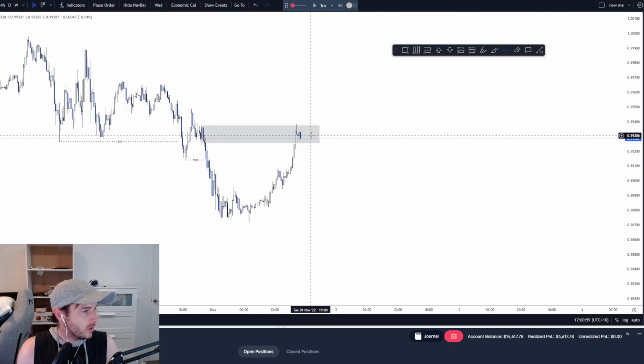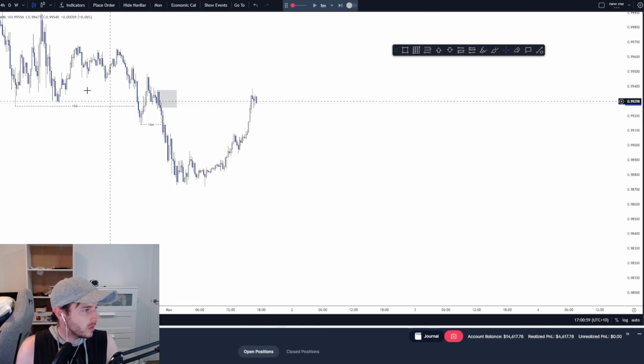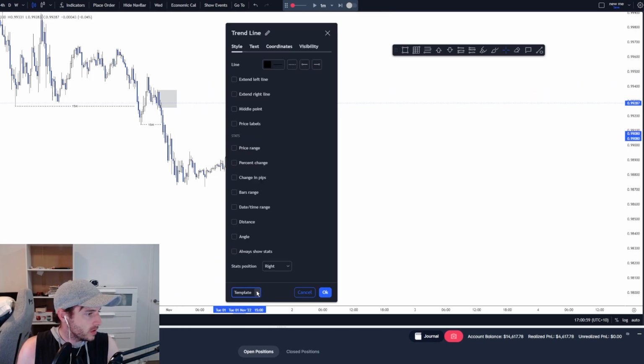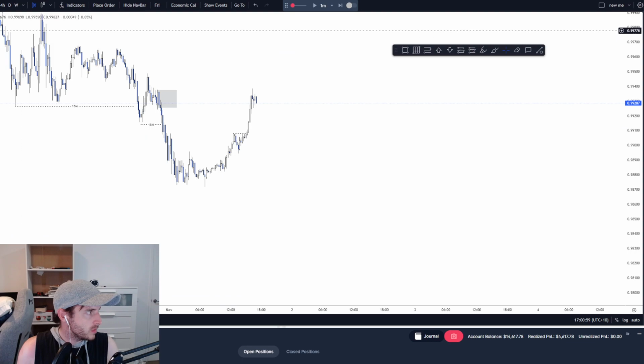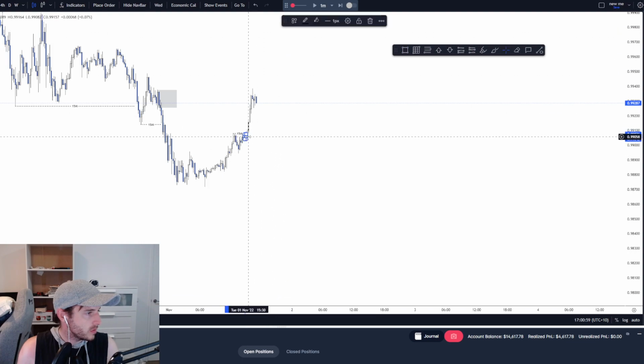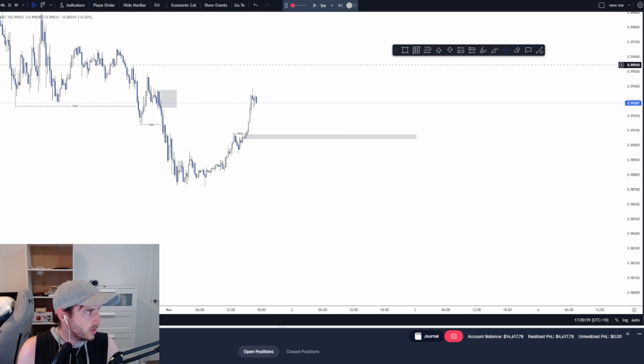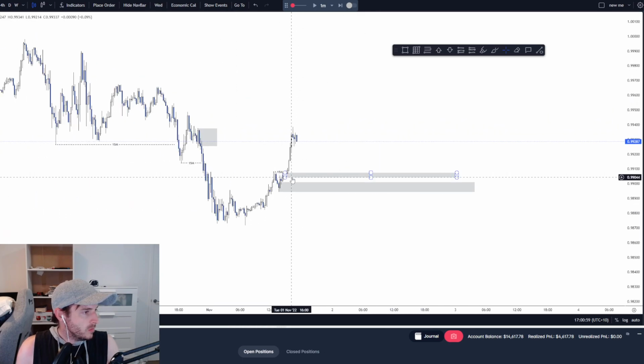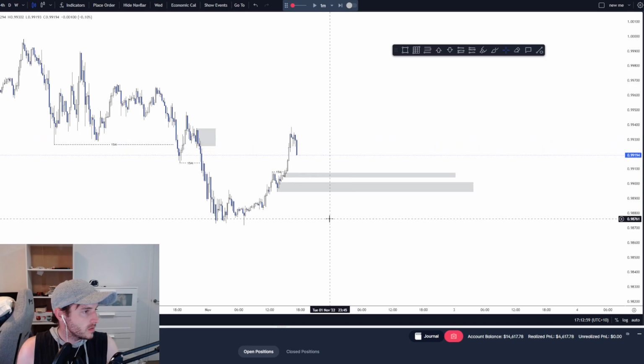That zone's failed for me, so I'm kind of looking for longs. We've got this zone here in terms of a little bit of structure, so something like this. That's what I'm thinking. Bit iffy. Not really seeing anything else.